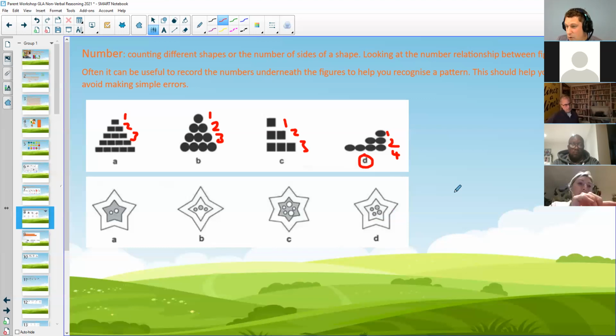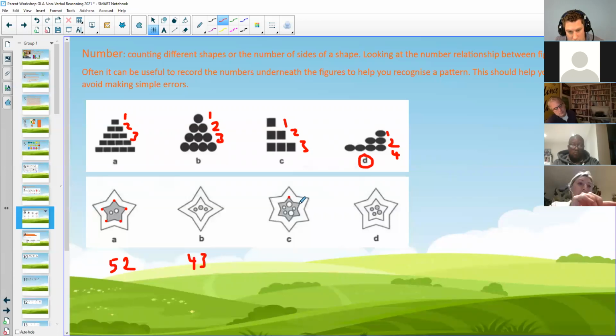Now, we see a variety of these questions coming into the 11+ exams where they are relying on children working out a relationship between potentially shapes inside and something happening on the outside. So just very quickly here, you can see that you've got 5 points on this star here, and there are 2 circles inside. On this one, I've got 4, and then I've got 3, so there's only 1 less.